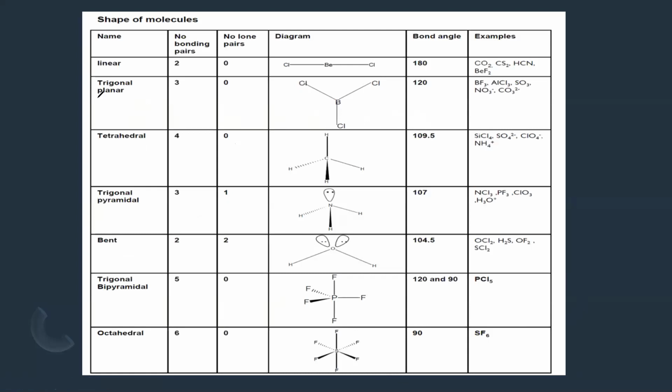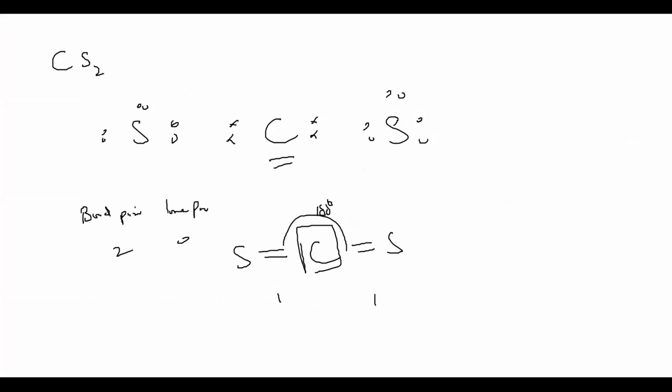If there are 3 bond pairs and no lone pair, then it will be trigonal planar with a bond angle of 120. Some examples are BF3, AlCl3, SO3, nitrate, carbonate. They all have a bond angle of 120. So the first thing is drawing the structure, and the second is predicting the geometry, because without a correct structure you cannot predict the geometry.